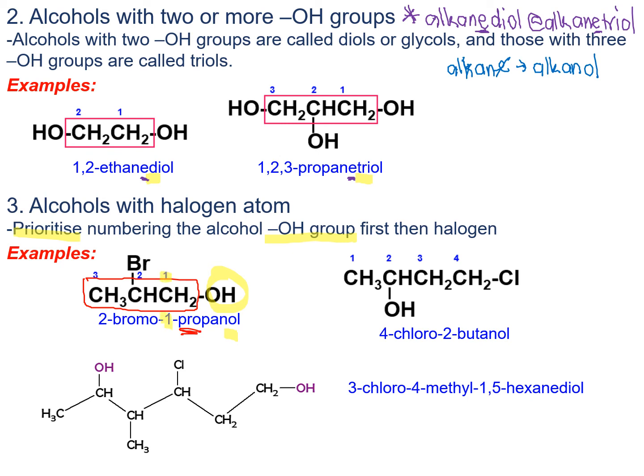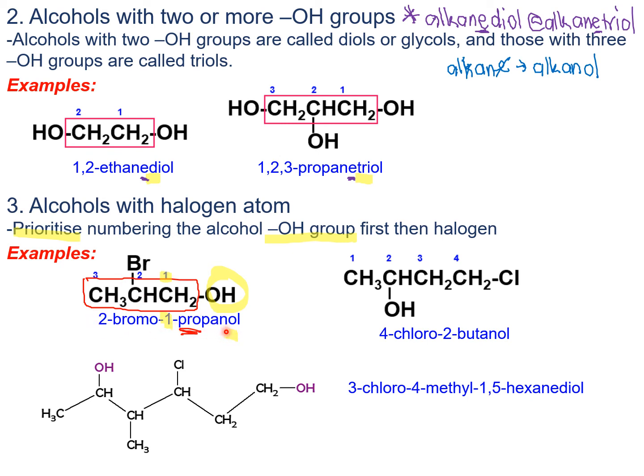In this case, you need to indicate the number of the OH's position, even though it's on the first carbon. So it's 1-propanol. And then carbon number 2 has a Br substituent, so 2-bromo-1-propanol.